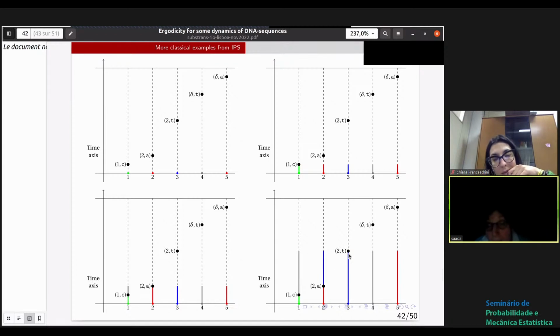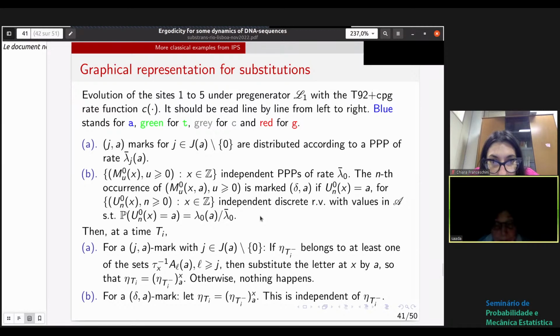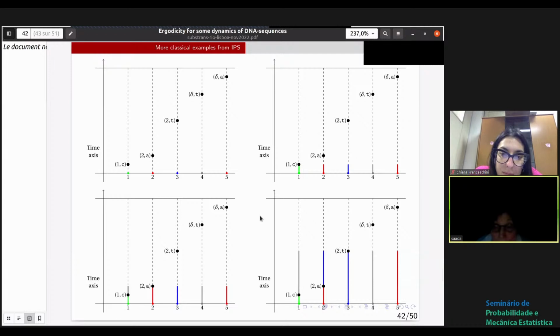Then we go up. We are here, 2T. And then I think it's not possible, but I don't remember why. Okay, 2T is blue and stays blue. So blue is A. And A cannot change to T. Okay, I don't remember why.